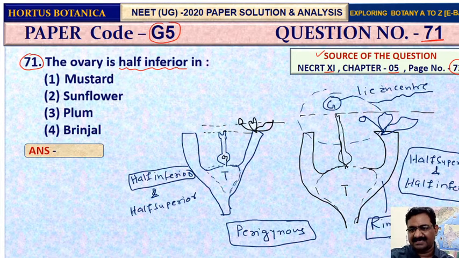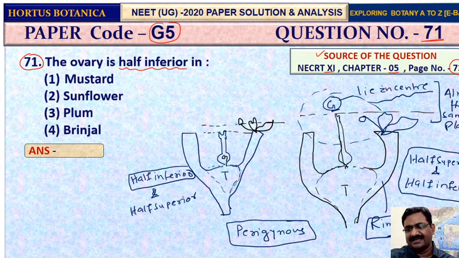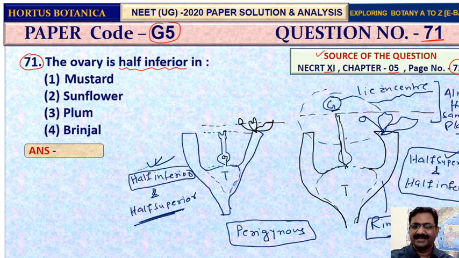This rim of the thalamus is present at the peripheral surface and the gynoecium lies in the center, and with respect to their position, both lie in almost the same plane. That's why they are a little superior or a little inferior with respect to the other floral whorls. That's why it is called half inferior, or it may be called half superior, isn't it? And the example is PRP.